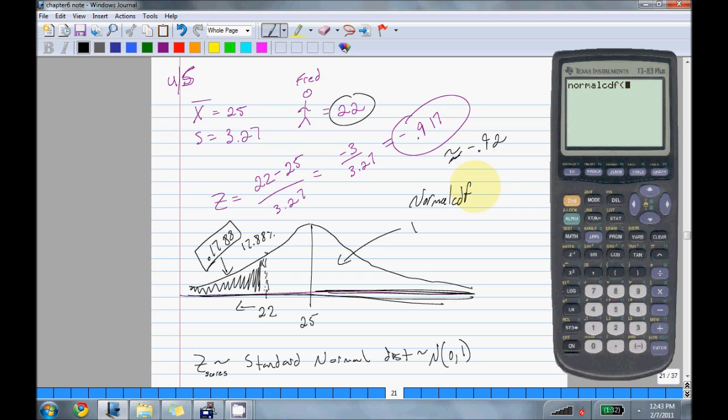Negative infinity, or negative 99999, okay? As many nines as you want. So we're starting there. We want to know all the percentage all the way up to what point?